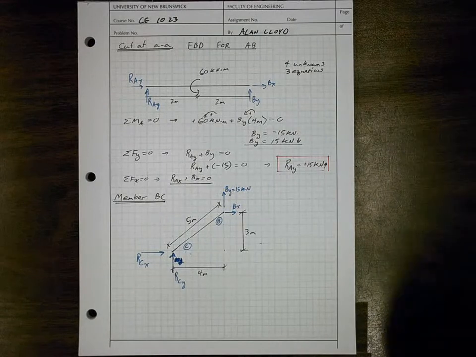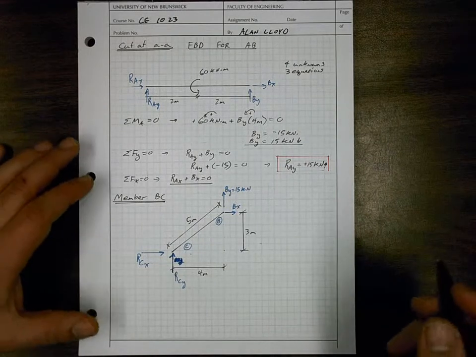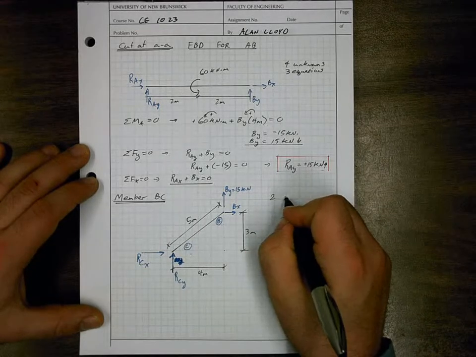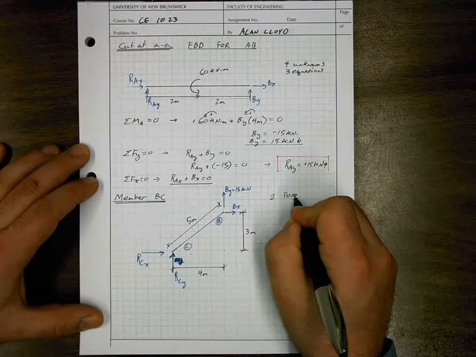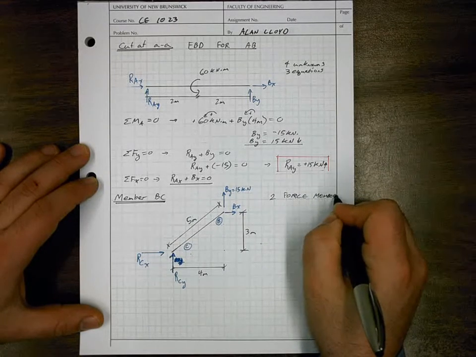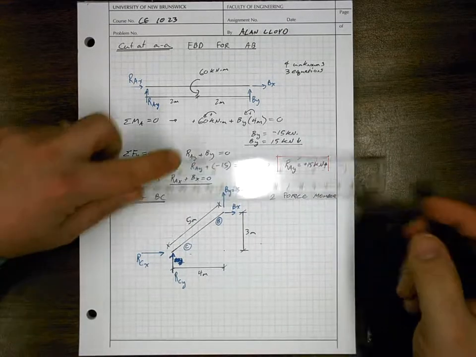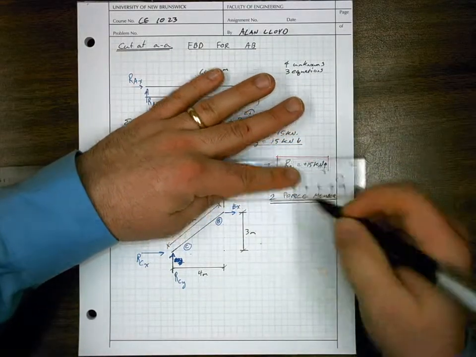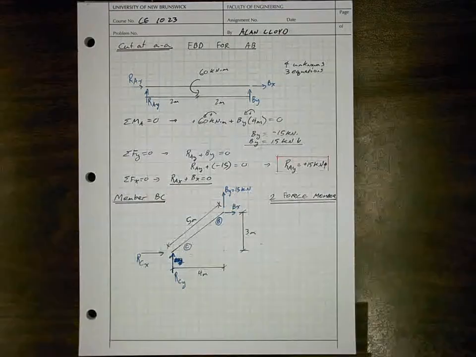First of all, we can realize that this is what we call a two-force member. And a two-force member behaves like a truss member. It means that it has constant force distribution over its length.